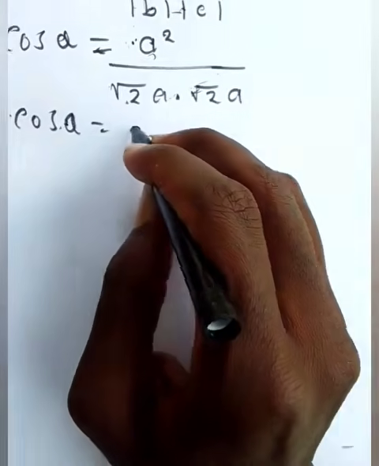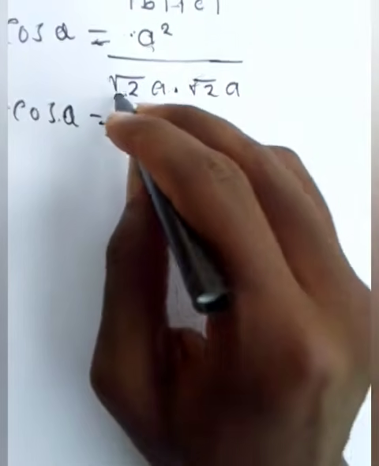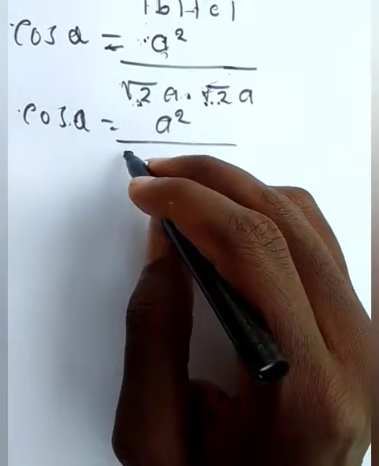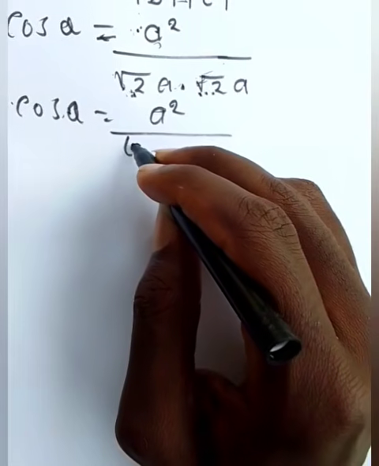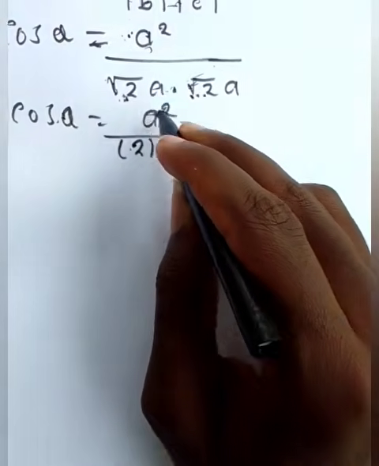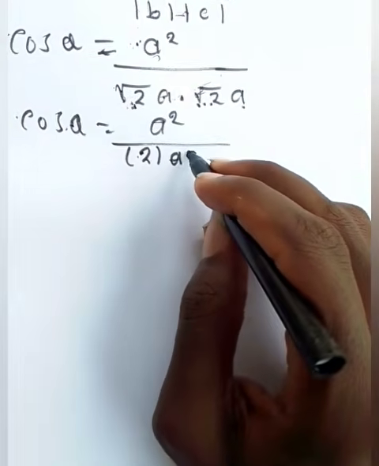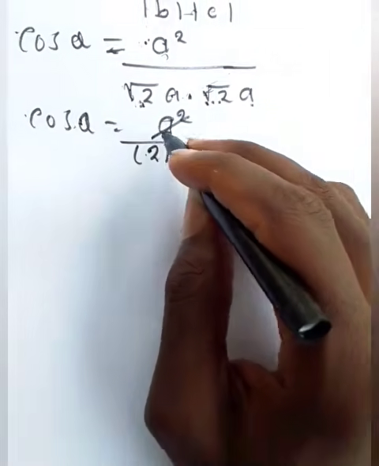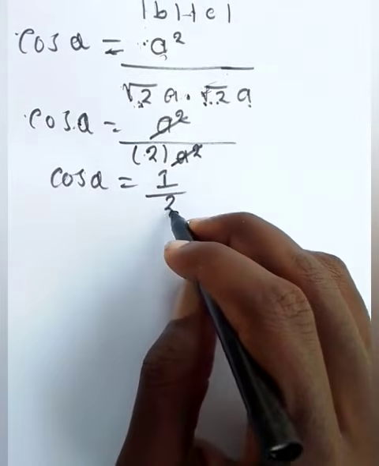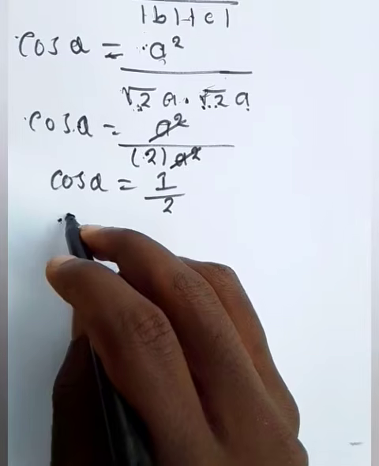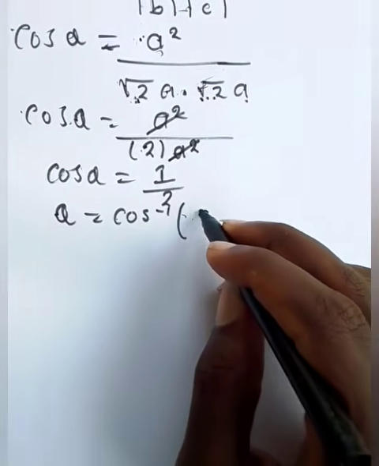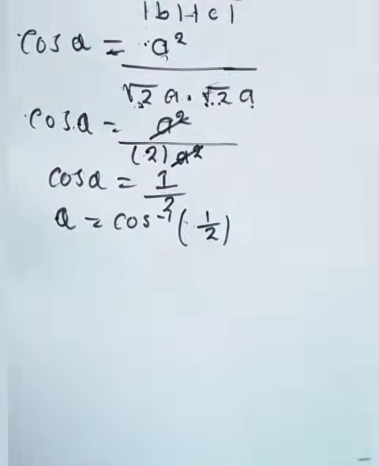So now, if you remember the concept on radicals, we said if we multiply two similar radicals, we just get the number inside. The square roots are going to cancel, and a times a is going to be a power 2. So a power 2 and a power 2 will cancel, and cos theta is equal to 1 over 2, right? So theta is equal to cos inverse of 1 over 2, right?